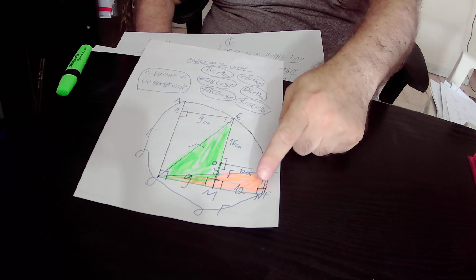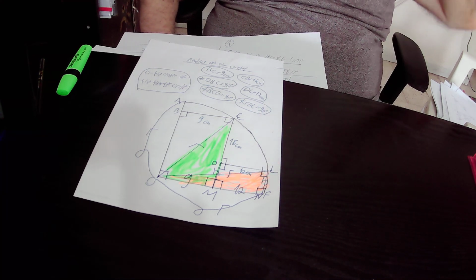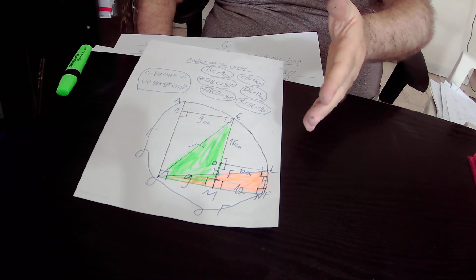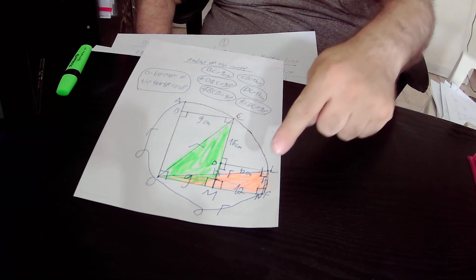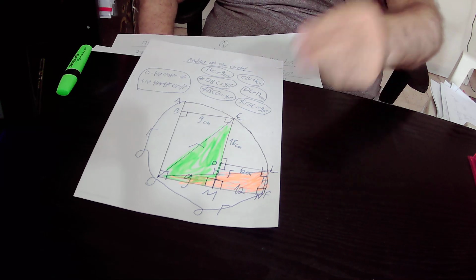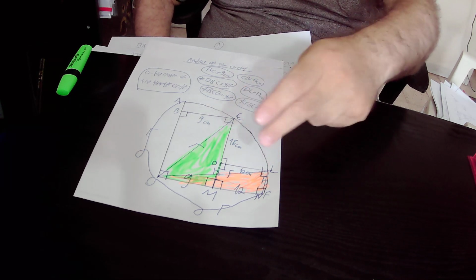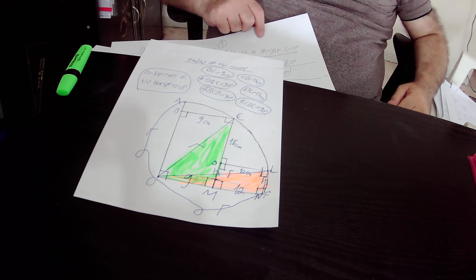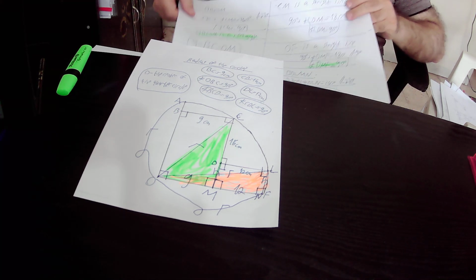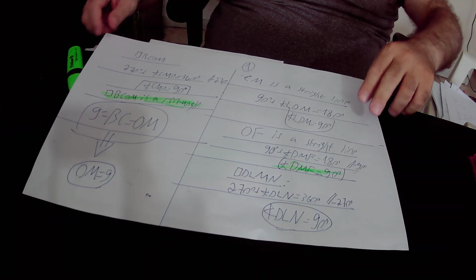Okay, then from point L we draw a perpendicular on OF. So this angle equals 90 degrees according to our construction. By drawing this perpendicular, we actually created quadrilateral LDMN, and inside it we have 3 right angles.